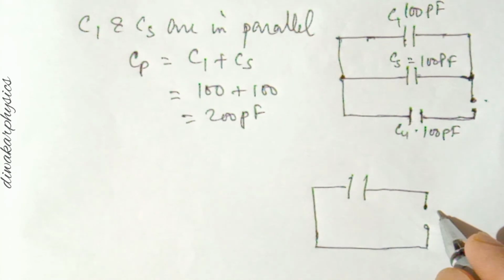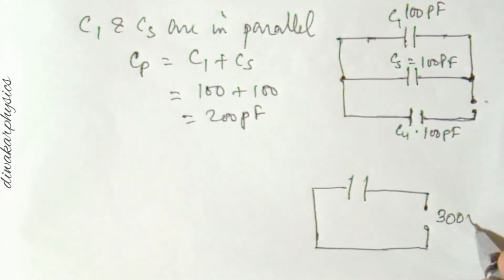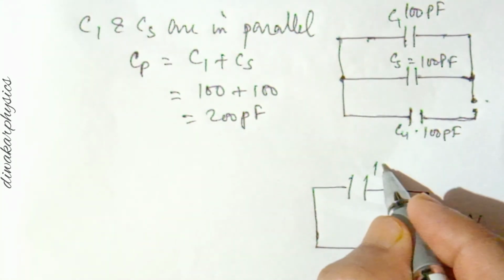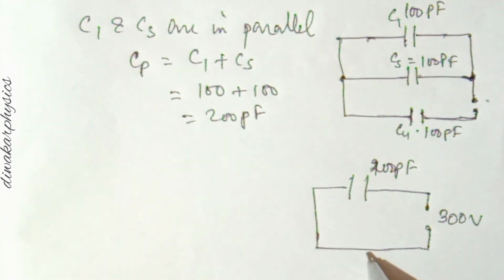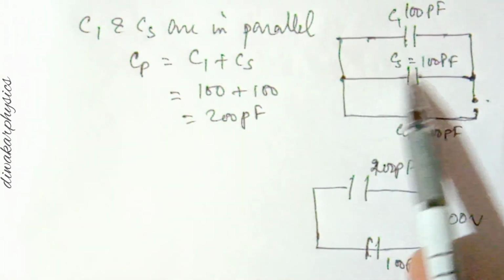Now this is 300 volt, and this is 200 picofarad. And here one more is there, this is 100 picofarad. We have not done anything with this. We have replaced these two with the single capacitor.